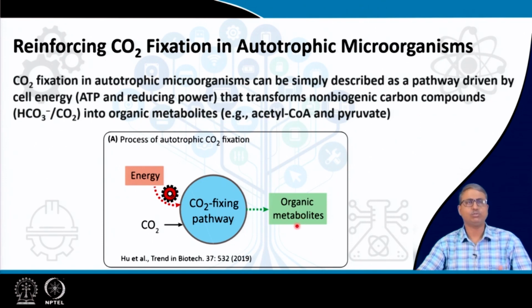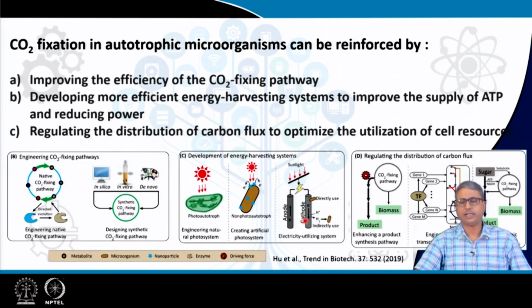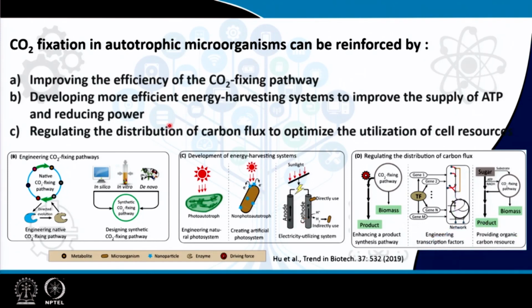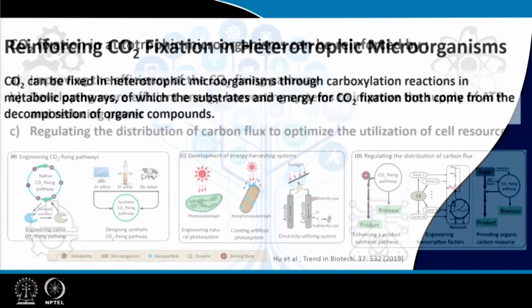The CO2 or bicarbonate which is taken into the cell is converted into acetyl CoA and pyruvate. CO2 fixation can be reinforced by improving the efficiency of the CO2 fixation pathway. We can increase the efficiency by different engineering approaches, through developing a more effective energy harvesting system that improves the supply of ATP and reducing power, and also regulating the distribution of carbon flux to optimize the utilization of cell resources.